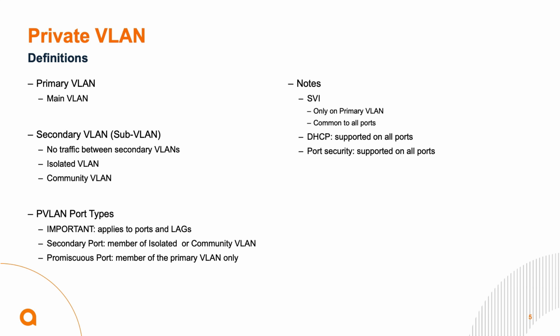DHCP is supported on all ports, and port security, applying AAA, RADIUS, 802.1X, MAC authentication, etc., works on all ports independently of the type of secondary VLANs they belong to.